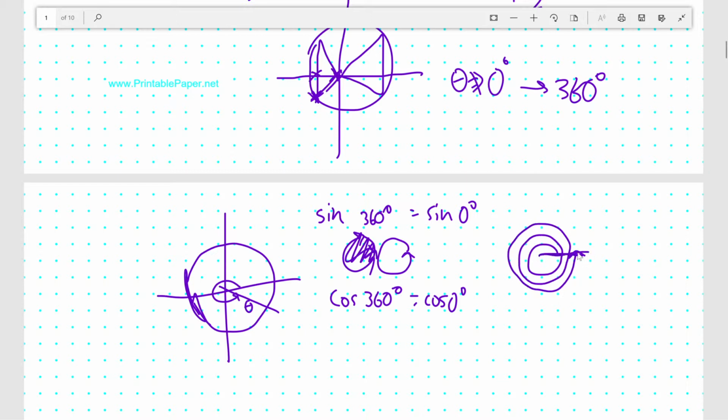And you'll still be left with the triangle, which is just a flat line there. And of course, you would know that cosine 1080 is 1 because it's right where you started, and sine 1080 would be 0.